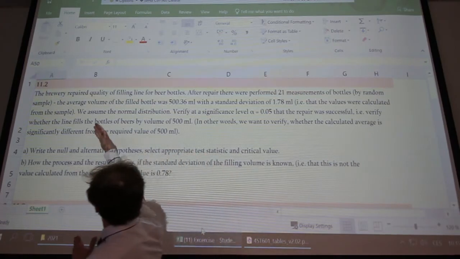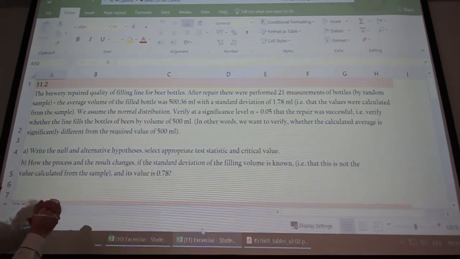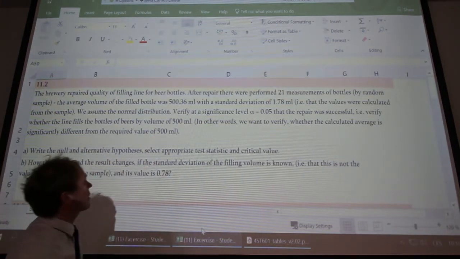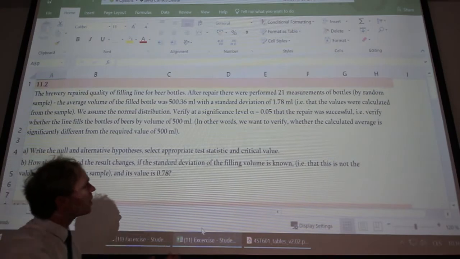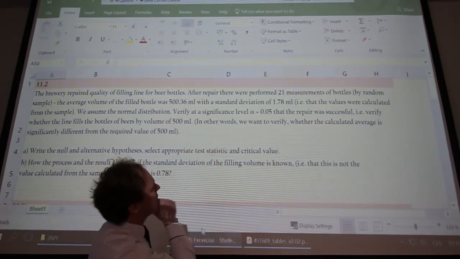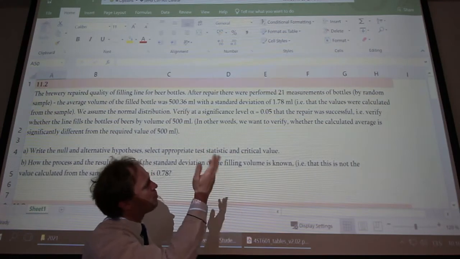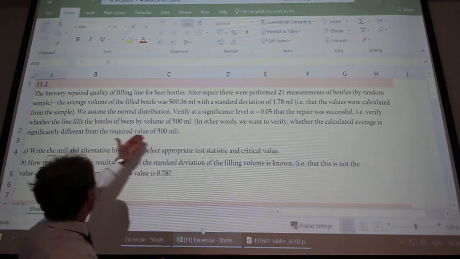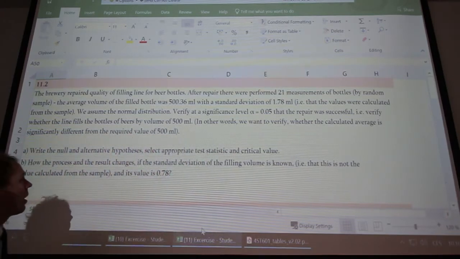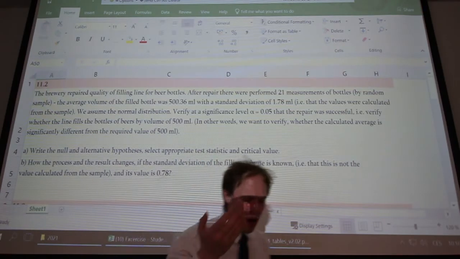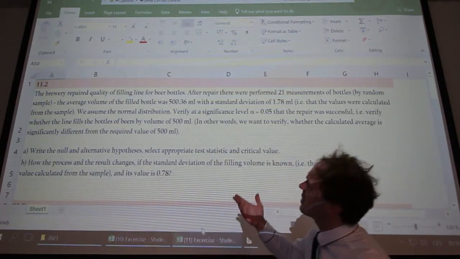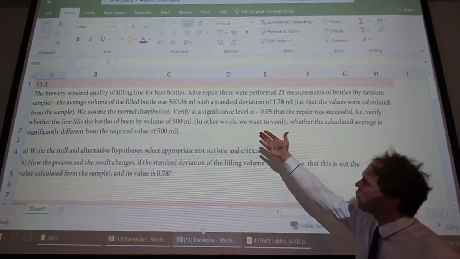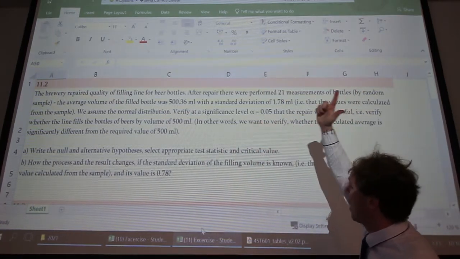The average volume of the filled bottle was calculated on the basis of the sample: 500.76 milliliters of beer with a standard deviation of 1.78 milliliters. So it is written in the parenthesis that the values were calculated from the sample, from your selection of 21 bottles from the warehouse.